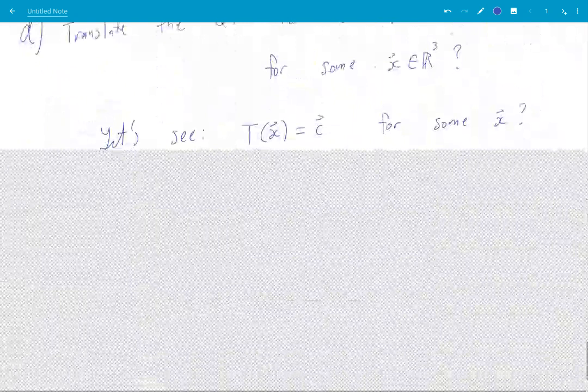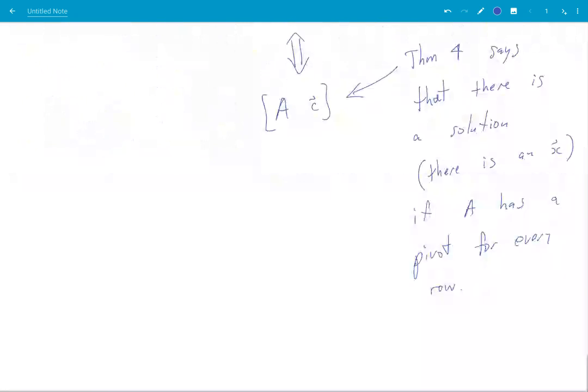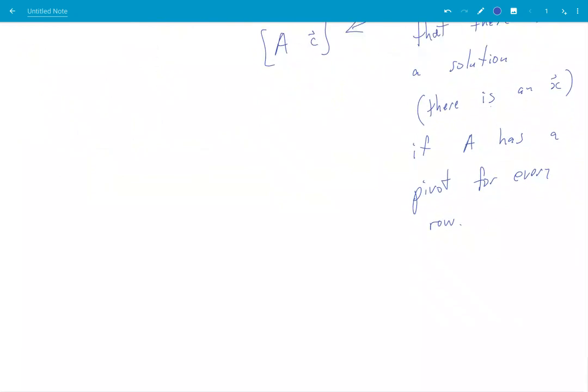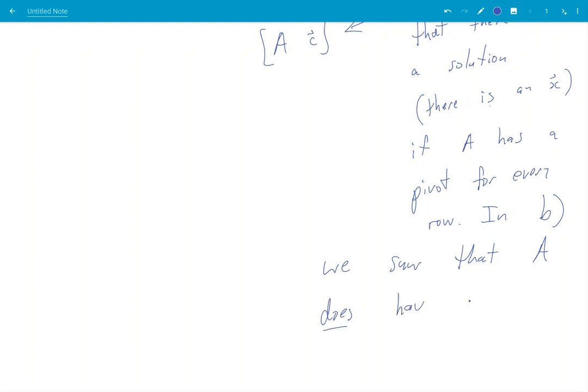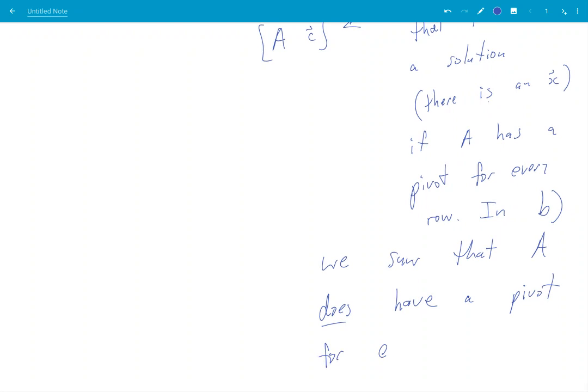And that was in B. So in B, we saw that A does have a pivot for every row.